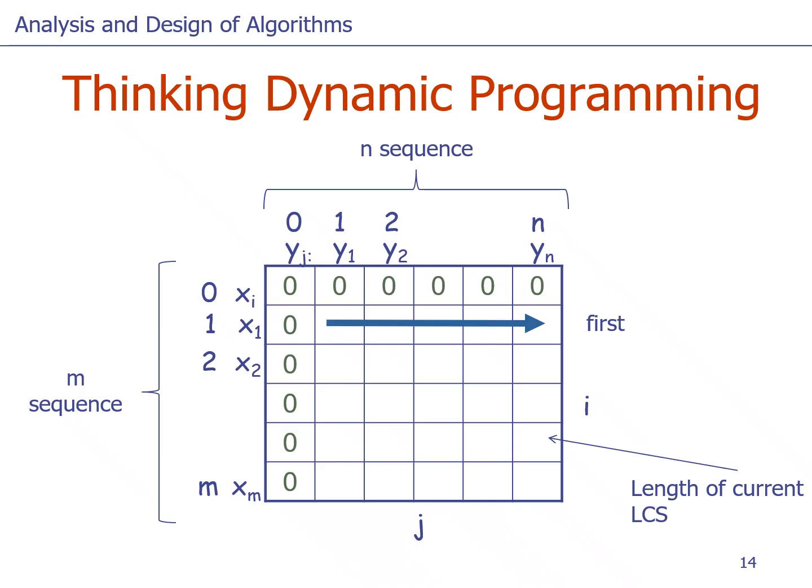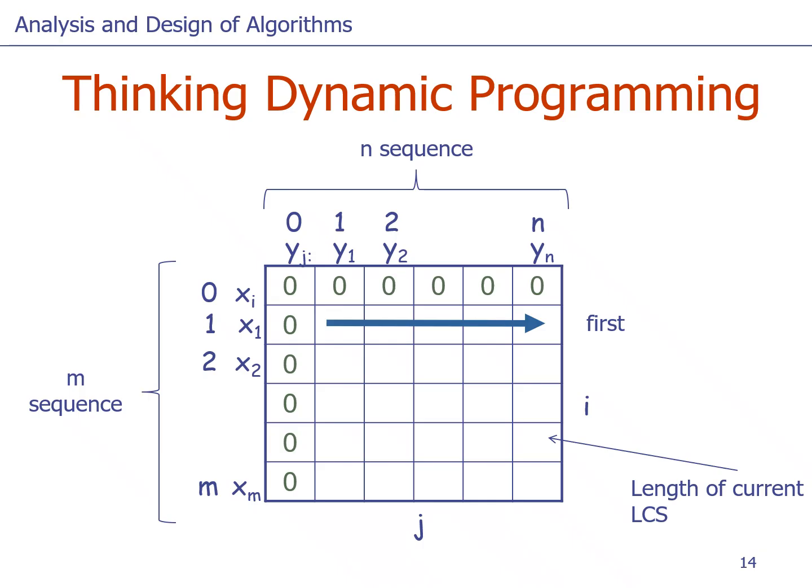And as we have discussed before, after filling in the default values, where we cannot generate a solution, or basically the optimal solution is 0, we're just going to put zeros. So if I ask here, what is the optimal solution if the N sequence has 0 letters, and for any number of letters in M, the answer is going to be 0, because I'm looking for the length of the common subsequence between 2 strings.